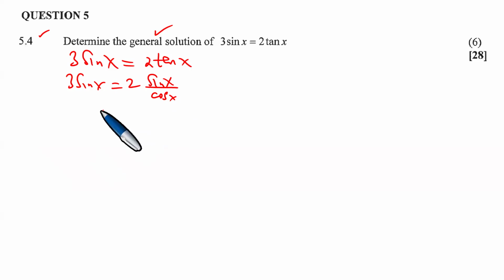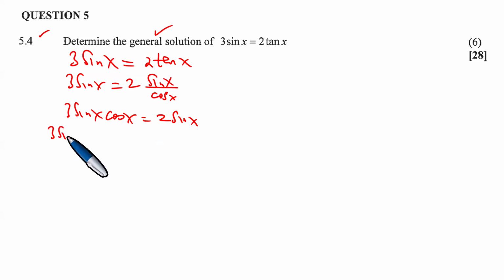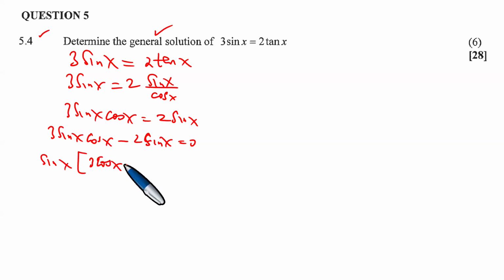If you cross multiply, you get 3 sine x cosine x equals 2 sine x, and therefore we have 3 sine x cosine x minus 2 sine x equals 0. Factoring, sine x times (3 cosine x minus 2) equals 0.